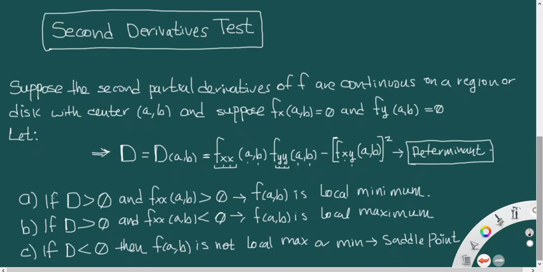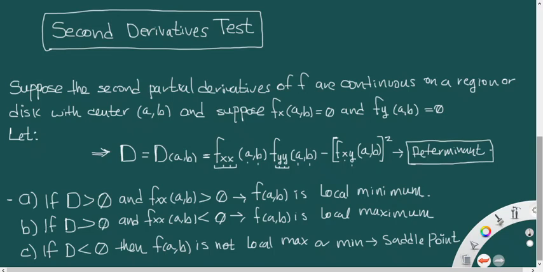If this determinant is positive, like in this case, and the partial derivative with respect to x is positive, then that critical point is a local minimum.